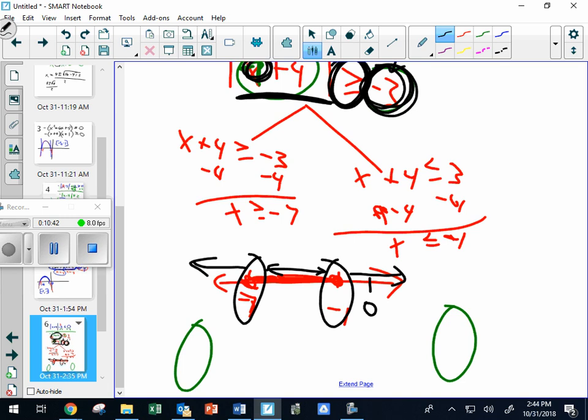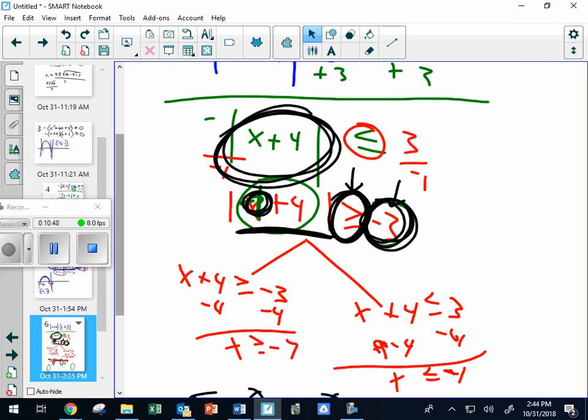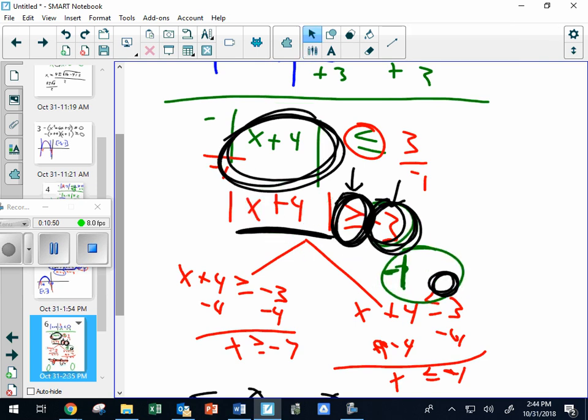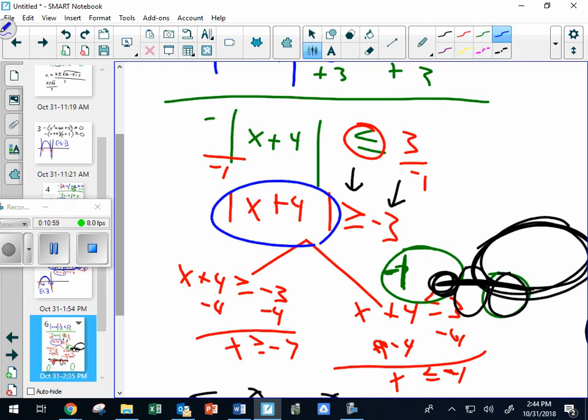So this was an extra sneaky one. I don't think we would do anything that tricky to you. I want to show you a picture of what's happening, just in case you really want to understand this a little bit better, and partially to help myself understand what happened. The absolute value that I had here is an absolute value moved to the left 4. If I make a quick sketch, it's kind of like that.